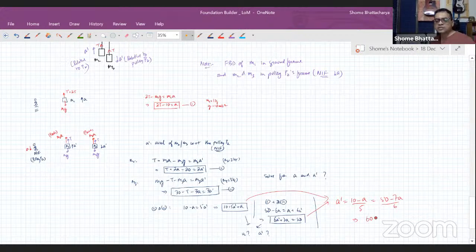So this will give me 60 minus 6A is equal to 250 minus 35A. So finally I'll get 29A, that is 35 minus 6, is equal to 250 minus 60, so that is 190. So I'll get A as 190 by 29.